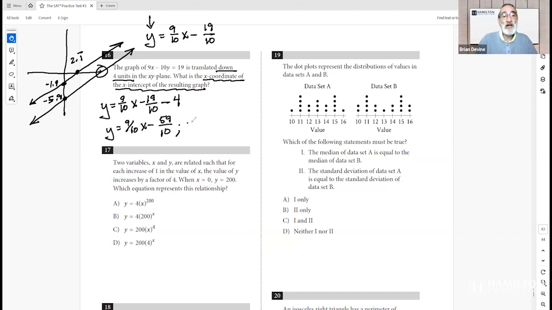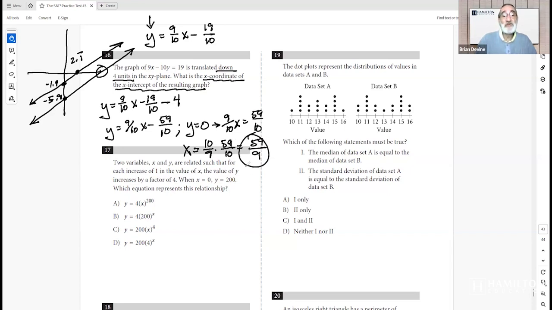And if y equals 0, then I need 9/10 x to equal 59 over 10. So x would equal 10/9 times 59 over 10, which is 59 over 9.